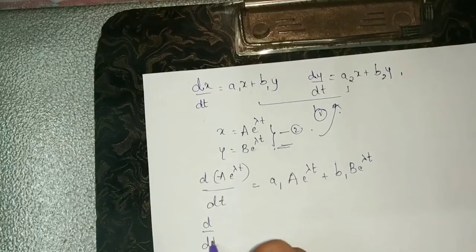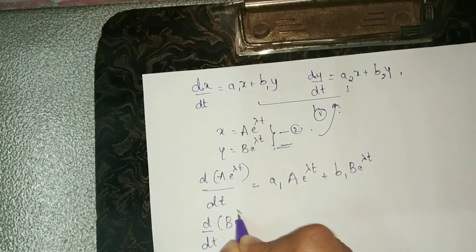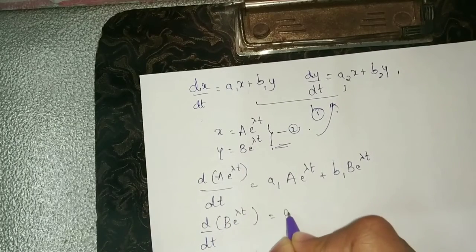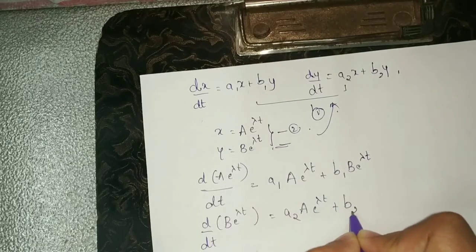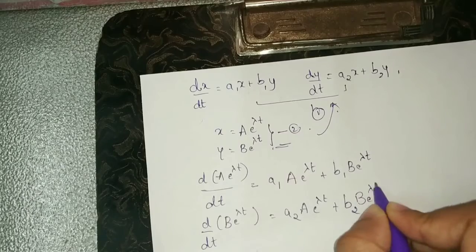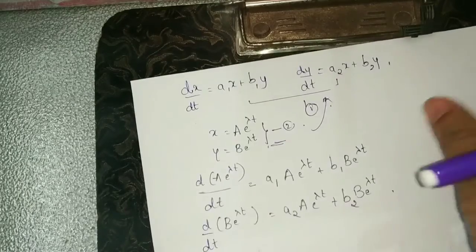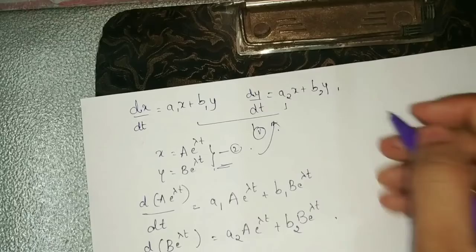Similarly d by dt of capital B into e raised to lambda t will be a2 into A e raised to lambda t plus b2 into B e raised to lambda t. Okay, let us differentiate this.